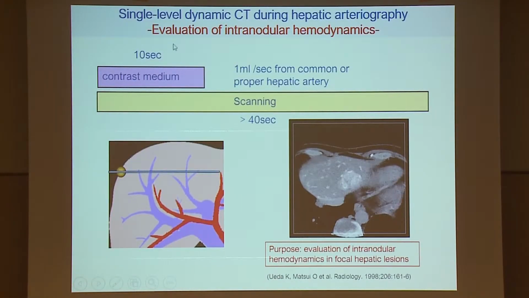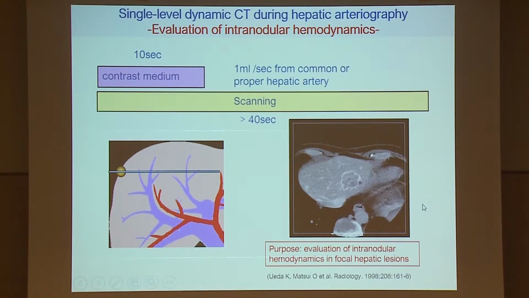In single level dynamic CTHA, we inject a small amount of contrast medium, around 10 cc, from the hepatic artery, and single level dynamic CT is performed. By this method, we can evaluate the in vivo internodular hemodynamics.